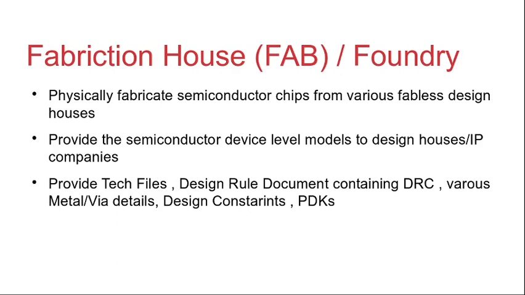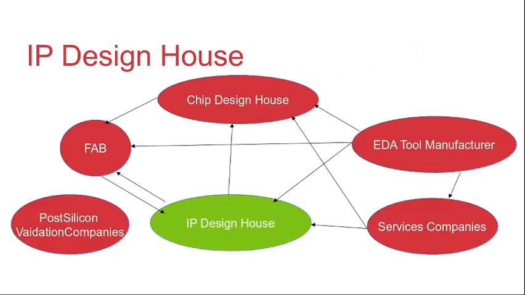Primarily as files, they provide tech files, a design rule document containing the DRC, various metal and via details, design constraints, and also the PDKs. So the fabrication house manufactures the IC on top of the silicon. The IC fabrication is done by the fab. Let's move on to the next section.